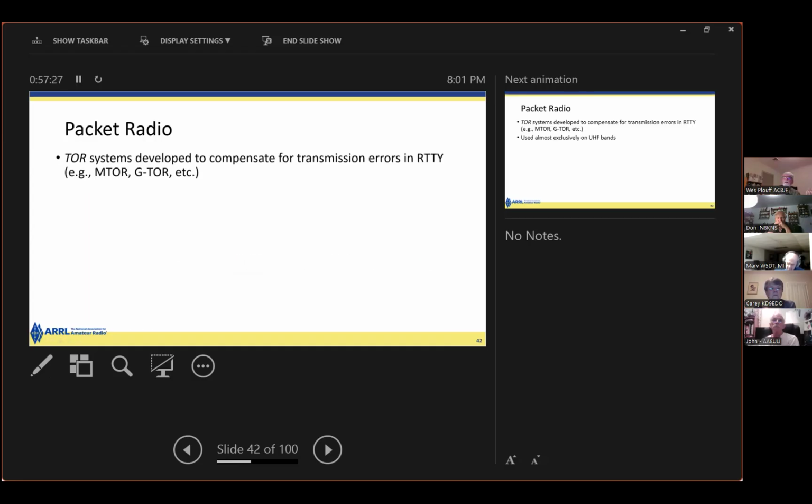So the TOR, or teletype over radio systems, some of them can compensate for transmission errors.